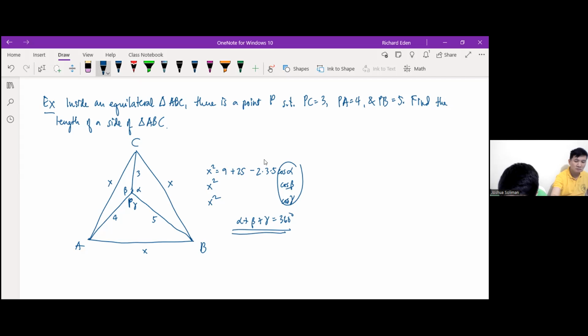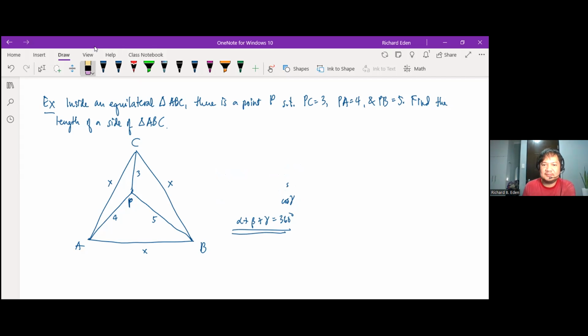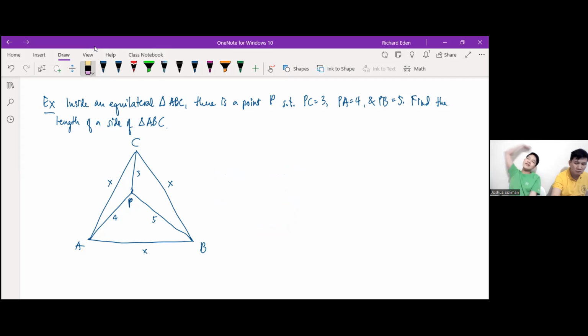So what we're going to do is employ a rotation. We're going to remove these angles because we're not really going to use them.